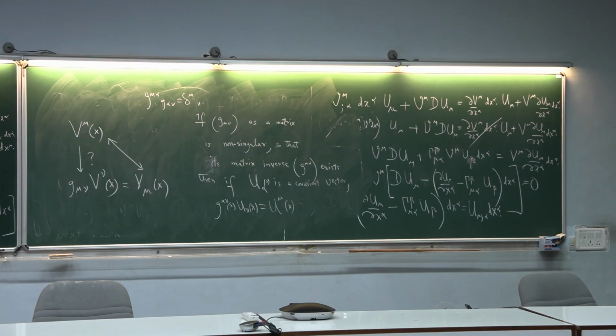For every contravariant vector field, I have a covariant vector field, and vice versa. So the metric has an elaborate role. That's why I use the word cardinal. The metric is a very cardinal quantity; it's very important.